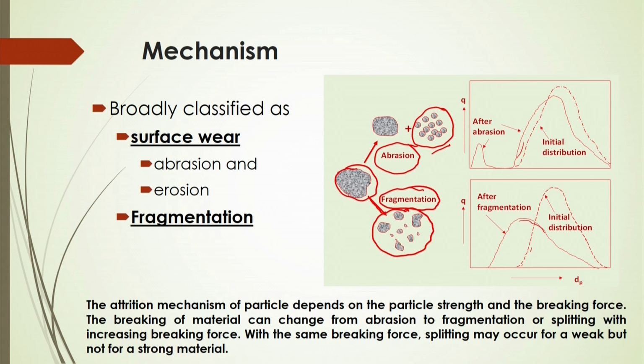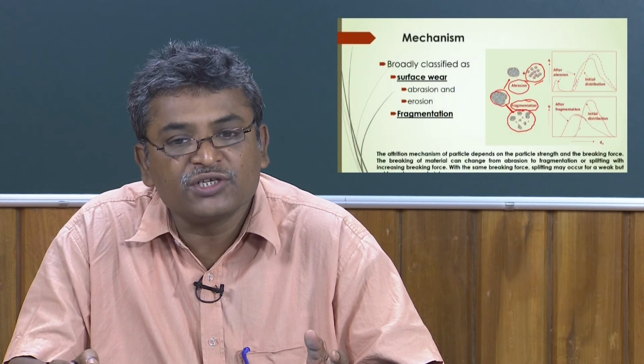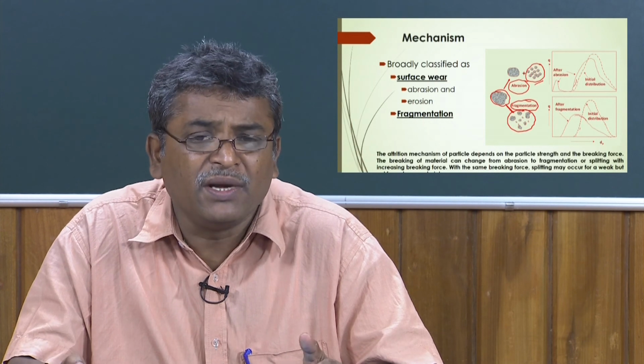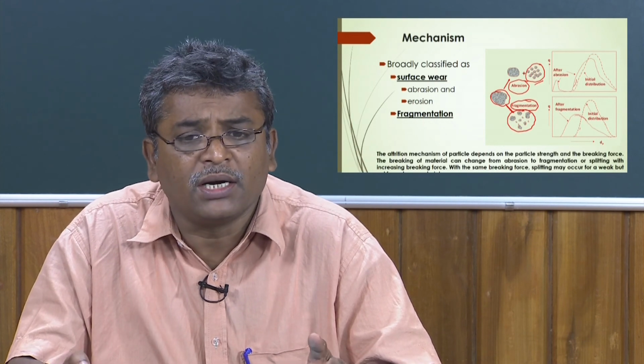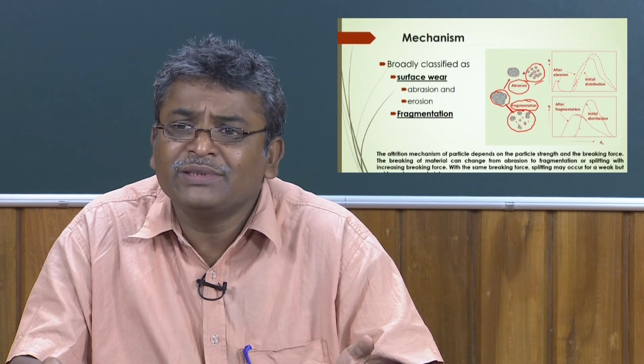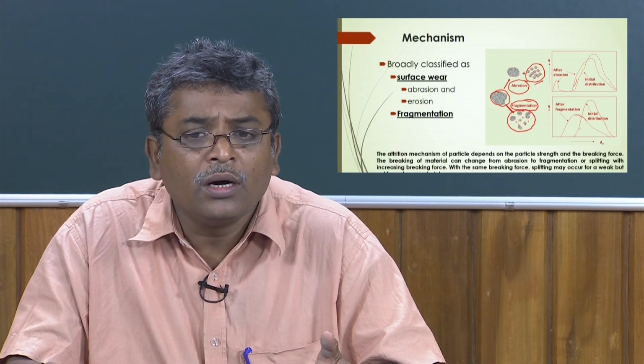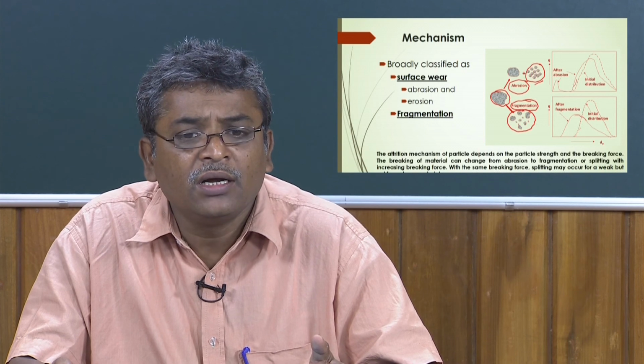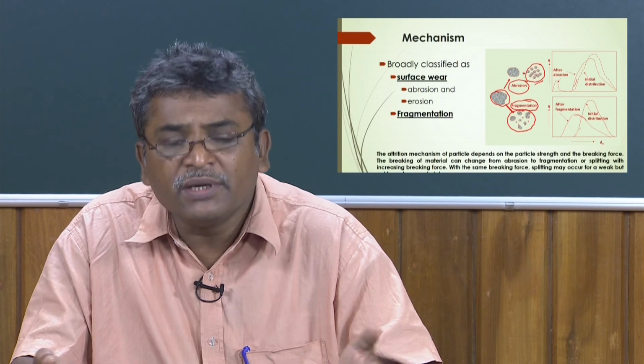Now, what does this attrition depend on? Basically, it depends on the properties of the particles, whether the particles are very strong or whether they may be broken into fine particles very easily with a very small force.